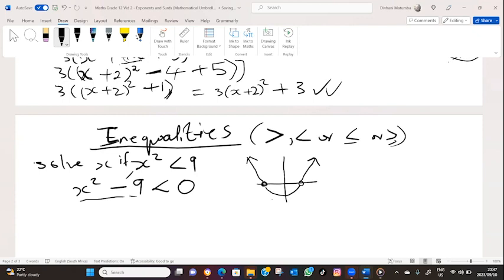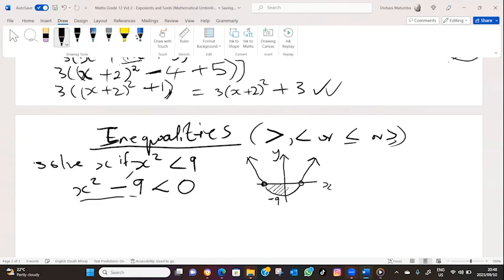Now, this is how the graph will look. Here, at x equals 0, okay, this is your x. At x equals 0, we have a minus 9. So now what they're saying is solve for x. Where is x when your graph is less than 0?